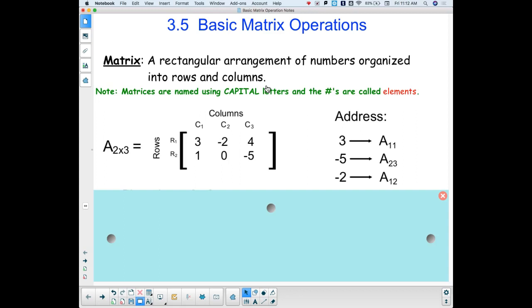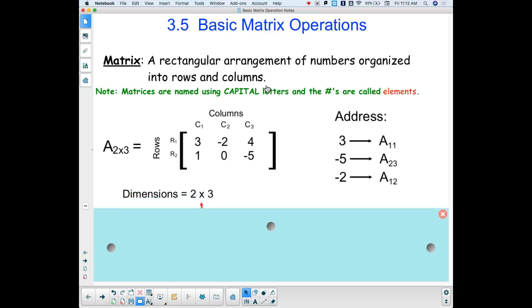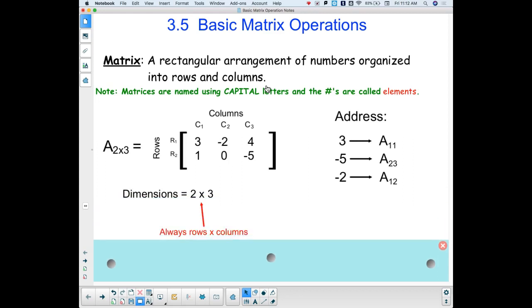Matrices of different sizes have dimensions. We look at the size of a matrix first, and the size of the matrix is given by its dimensions. Dimensions are always rows by columns.